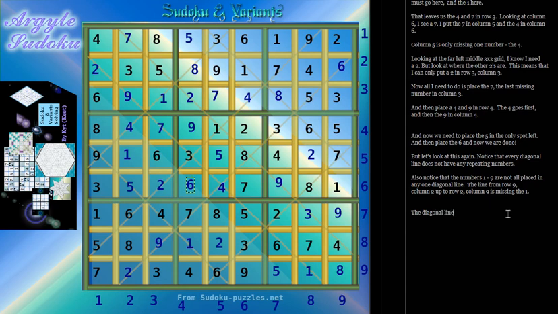The diagonal line from row 8, column 1 up to row 1, column 8 is missing the 8.